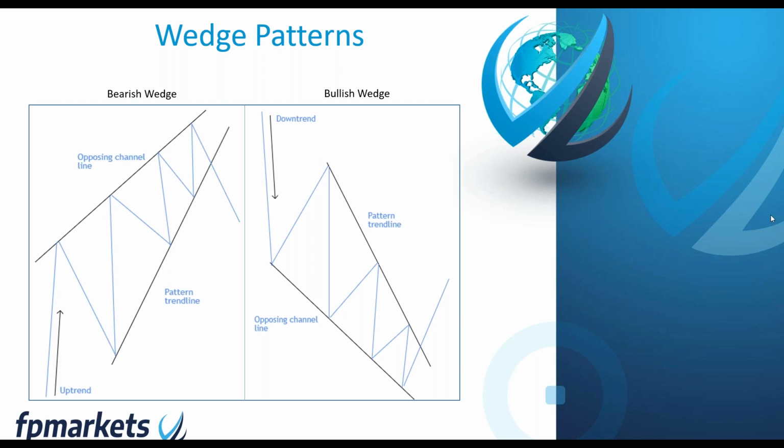So I have a question here. Do you look at the wedge pattern only on the daily chart or H4 chart if it's a long-term pattern? Daniel, I would probably look mostly on the daily chart, but I have seen wedge patterns form on the H4 chart as well. I tend not to go any lower than H4, as I know from textbooks it's more of a longer-term pattern.